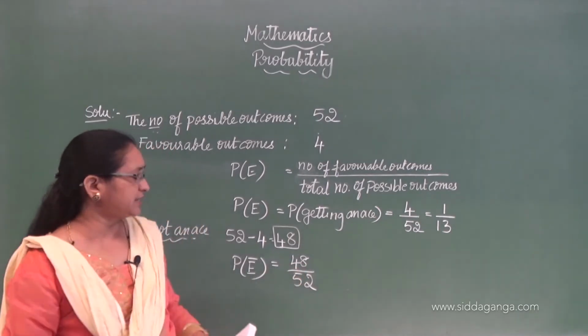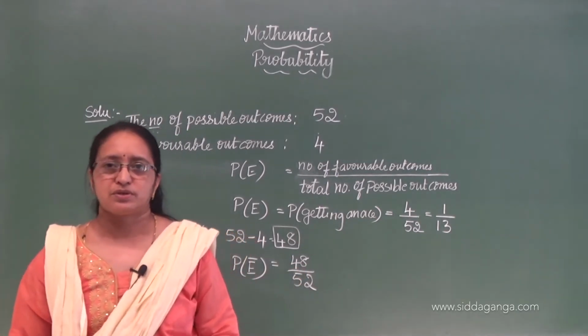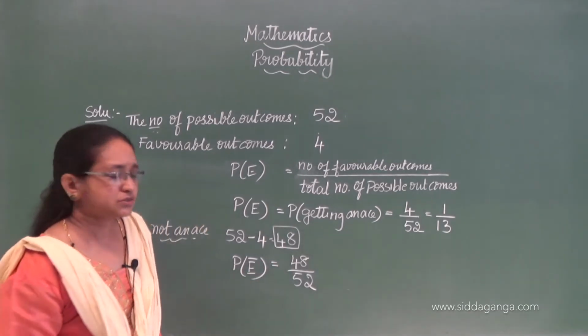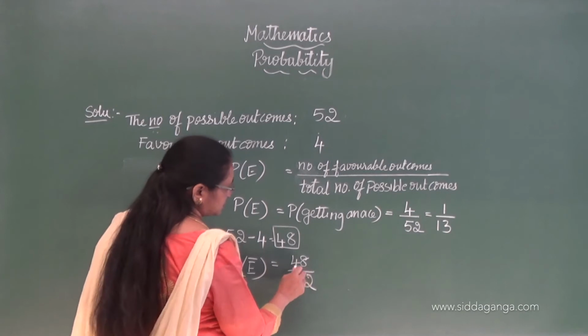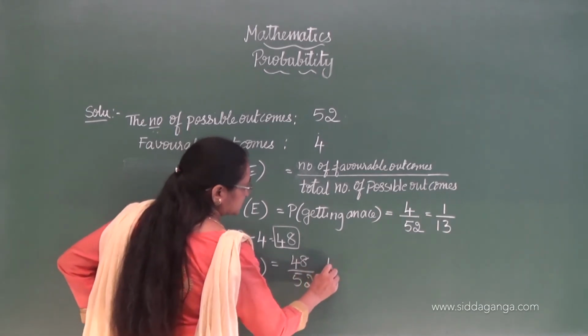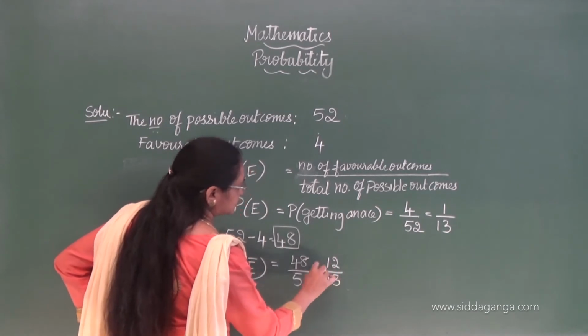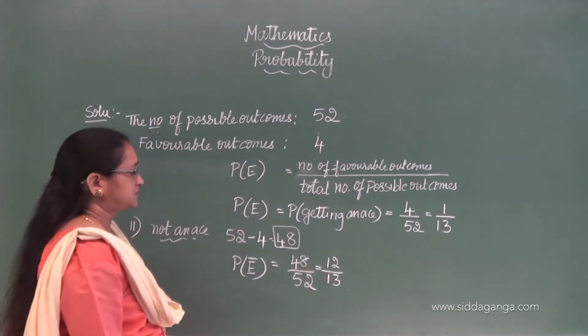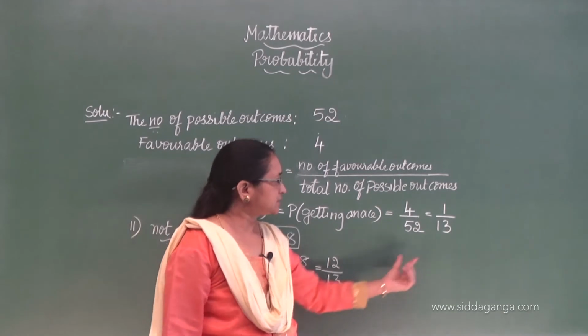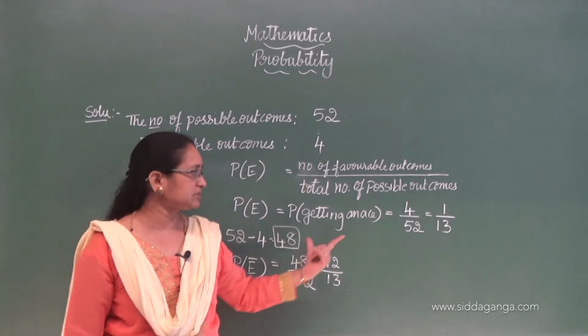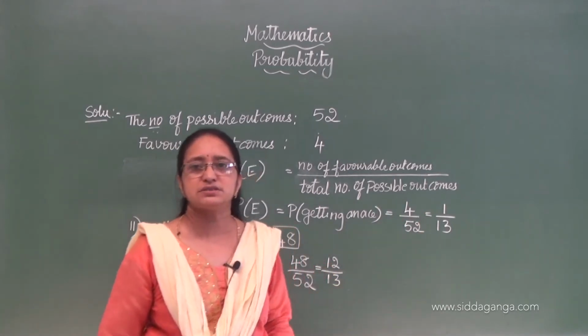So 48 by 52, you can simplify it. 4 ones are 4, 4 twos are 8, and here 4 ones are 4, 4 threes are 12. So 12 by 13. See, 12 by 13 plus 1 by 13, the answer is 1.